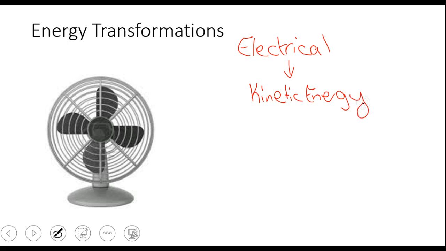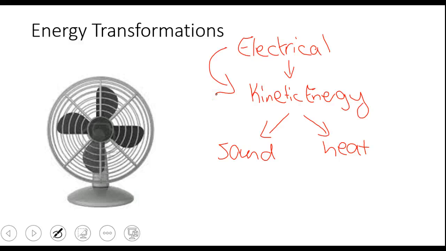After the motor runs for a while, some of that kinetic energy in the motor gets converted to sound energy, and some of it gets lost as heat. Right? If you have a fan that's been running for a while and you touch the motor on the back, it's warm. And so not 100% of that electrical energy gets converted to kinetic energy. Some of it gets converted into sound and heat, which are lost to the system, and we would call this inefficient.